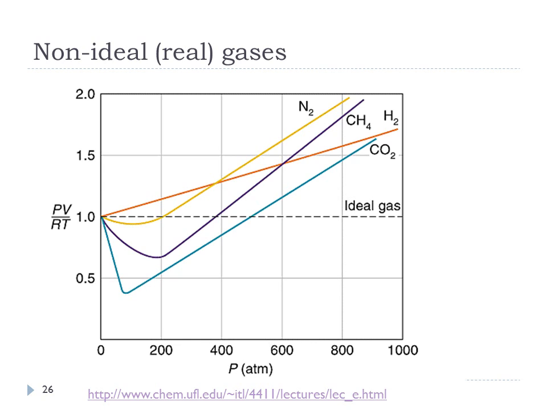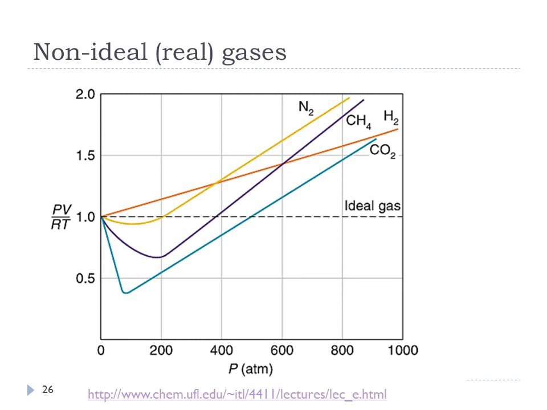And that's because there's virtually no intermolecular forces between hydrogens. So now let's look at another extreme, like carbon dioxide. For carbon dioxide, you can see PV over RT drops significantly and then starts coming back up again. So it's that drop down that I want to explain.